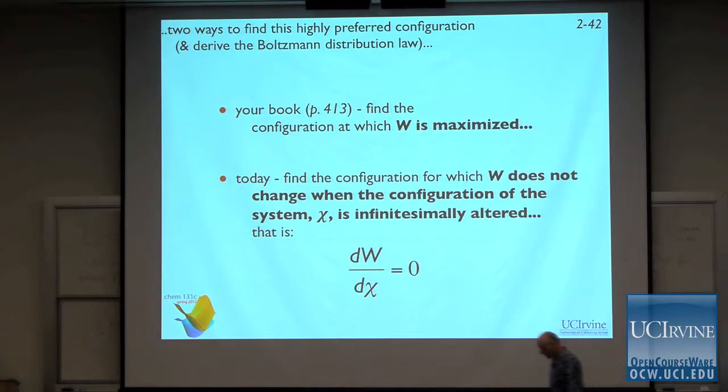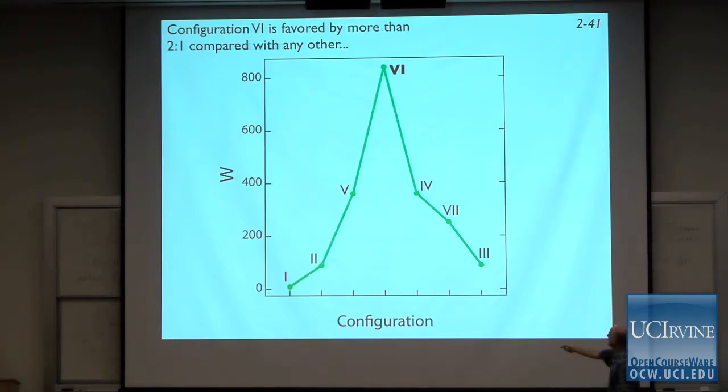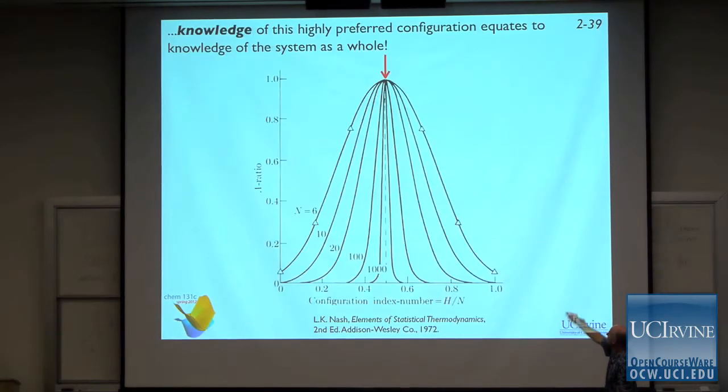All right. Now, your book derives the Boltzmann distribution law by finding the W where the maximum W. Right now, I think you can see that at the maximum W, by golly, that's the one we want. That's the preferred configuration right there.